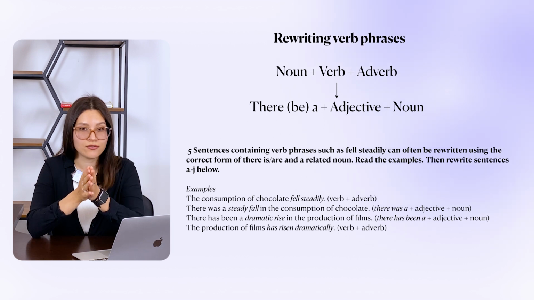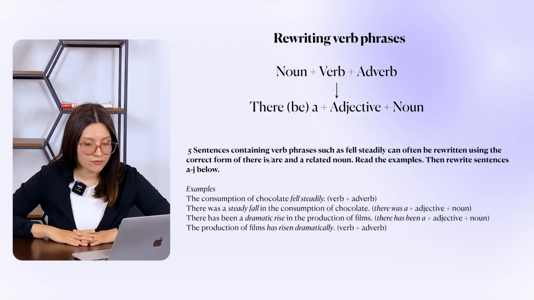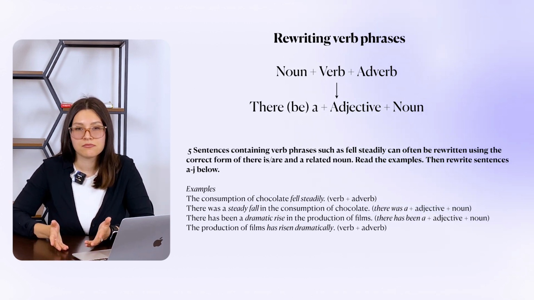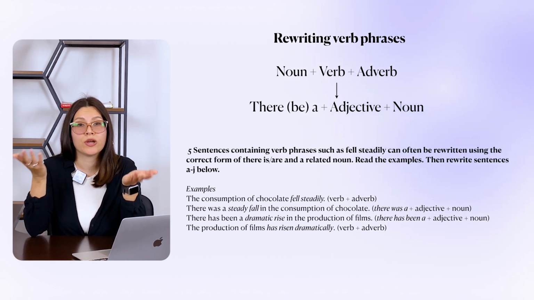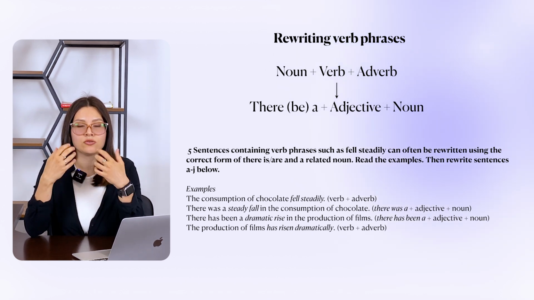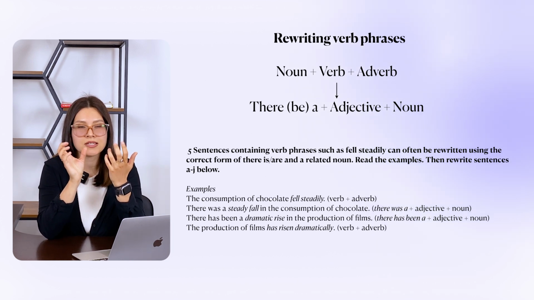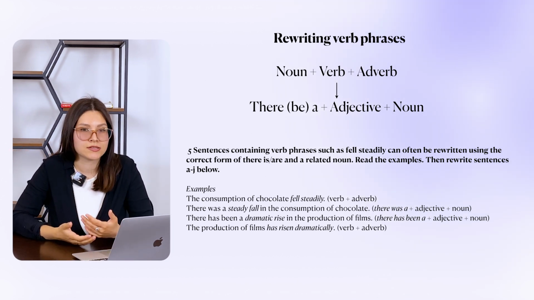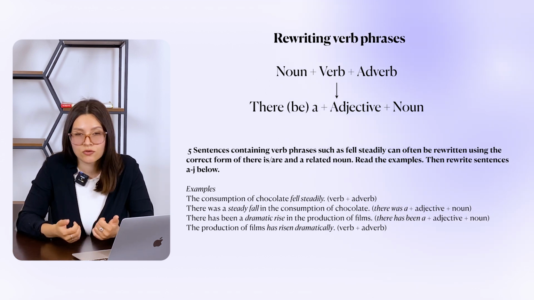Steady is an adjective, fall is a noun. All right, so there was a steady fall in the consumption of chocolate. The same sentence, but put in different ways. So the same meaning, but it will really help to be able to construct not just sentences under similar patterns. Sometimes you have to rephrase, and it's a good way to use this structure for paraphrasing.